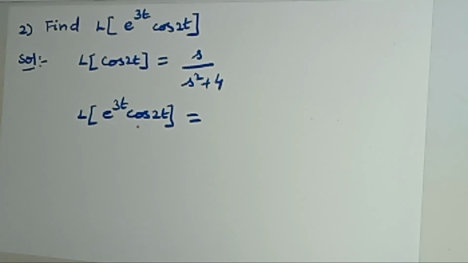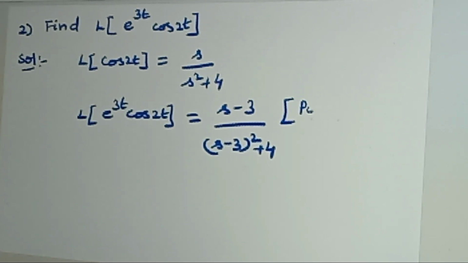What is Laplace of e raised to 3t into cos 2t? S will become s minus 3. So numerator s के जगह s minus 3 पुट करना है, डिनोमिनेटर में s square के जगह s minus 3 the whole square पुट करना है. So what is that we have done here? After finding out the Laplace of the given function f of t, you have substituted s is equal to s minus 3.